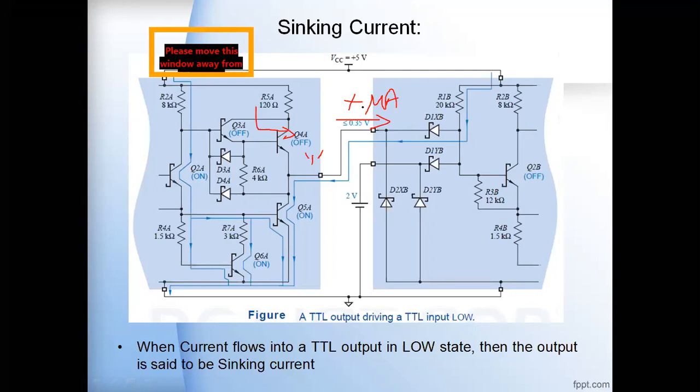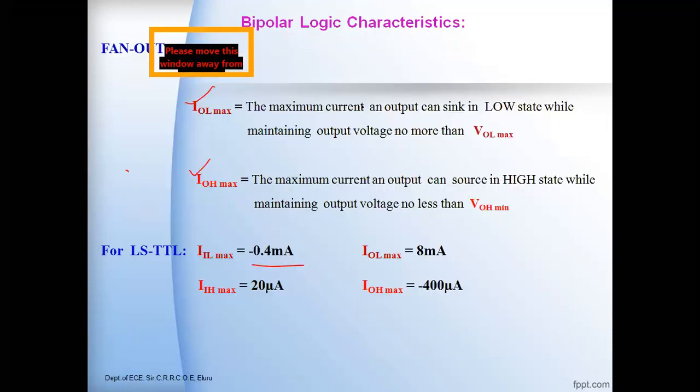What would be the typical value for the LS TTL gate here? For an LS TTL NAND gate, the typical current value is 20 microamperes. Because the TTL input diode is reverse biased, the current is in the order of microamperes.